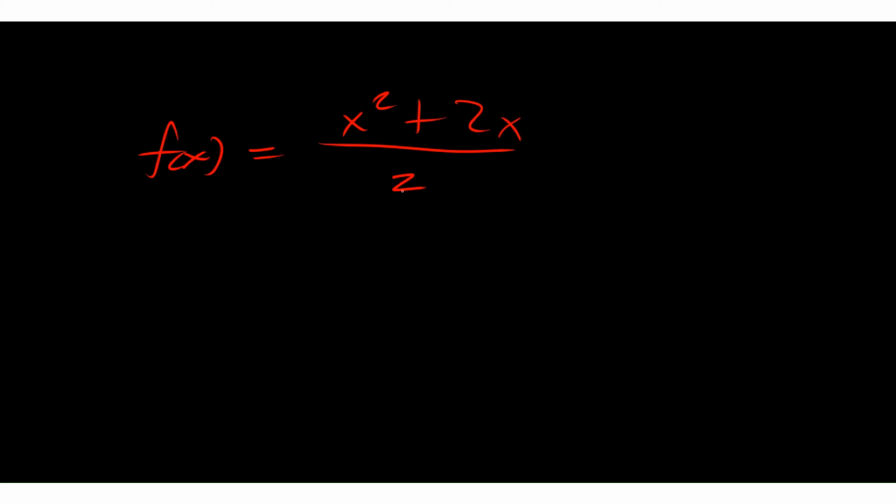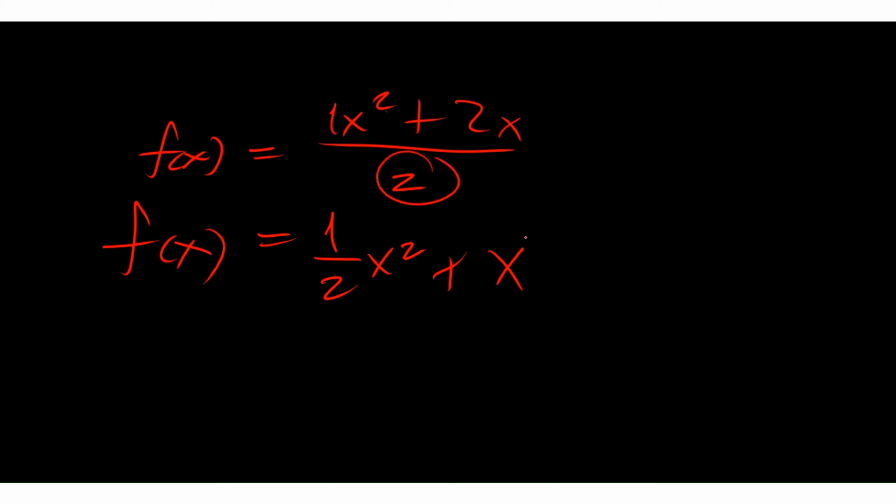Kapag just a number ang denominator, we can express this as a fractional coefficient of your variable. So pag sinimplify natin siya, pwede siyang 1 half x squared plus 2 divided by 2 is 1, so x. Hindi na siya rational. Therefore, kapag constant yung nasa ilalim natin, it is also not defined as a rational function.